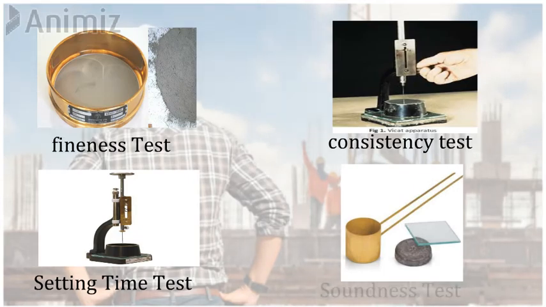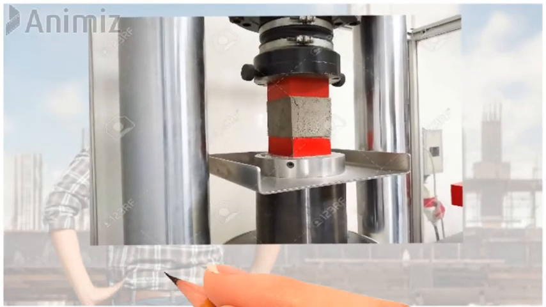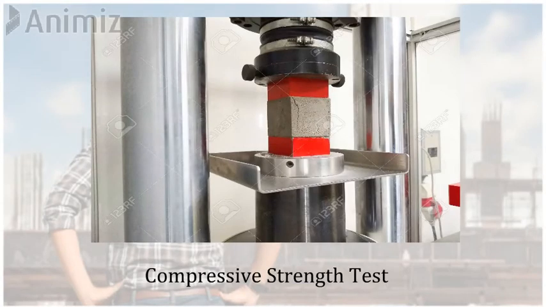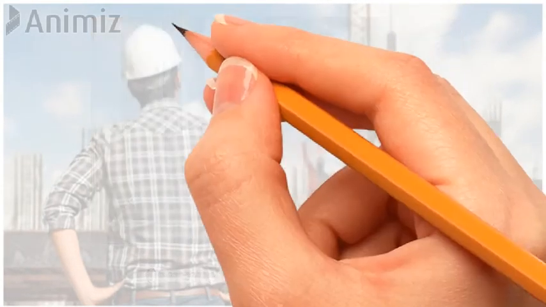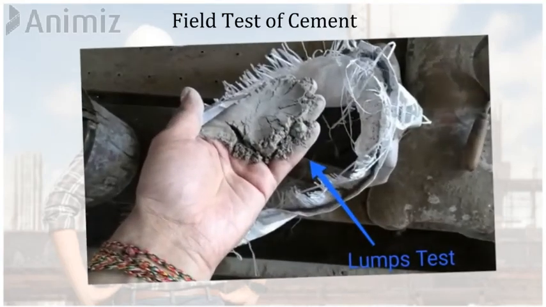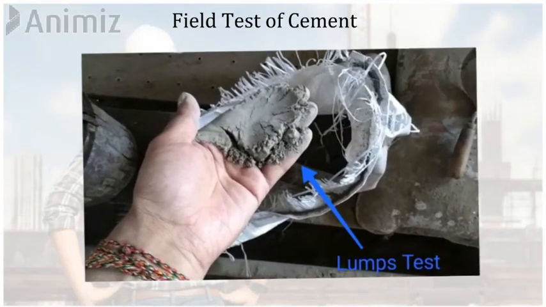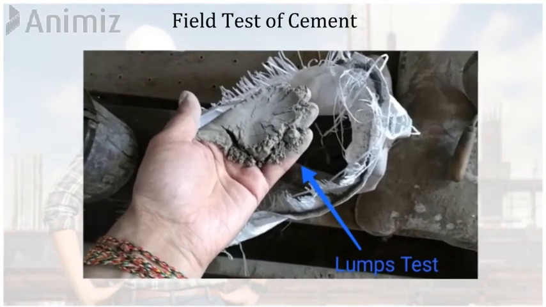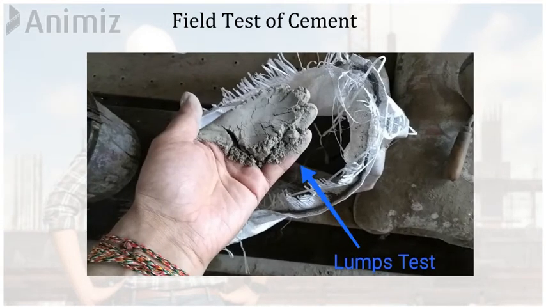And the soundness test is equally important to understand. One of the major tests is the compressive strength test. Now when you are practicing civil engineering, you must be aware of the field tests of cement, which are conducted on the field. There are three common field tests which we'll understand in the coming module.